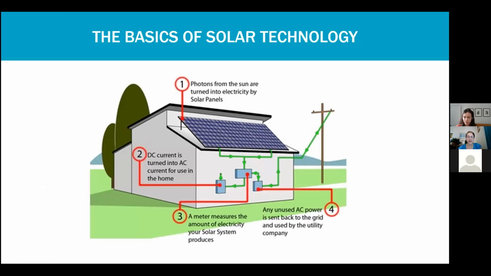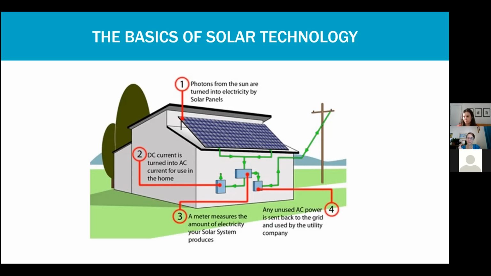Okay, so for those of you who have no familiarity with solar, this is an extremely short crash course on solar. And if you want more, we have lots of resources on the Solar Where Feasible website. But basically, solar power is created from the sun. Energy from the sun is turned into electricity that we use in our homes. That electricity goes through a box called an inverter, which converts it from DC to AC energy.